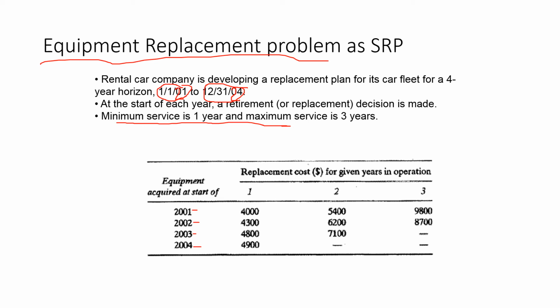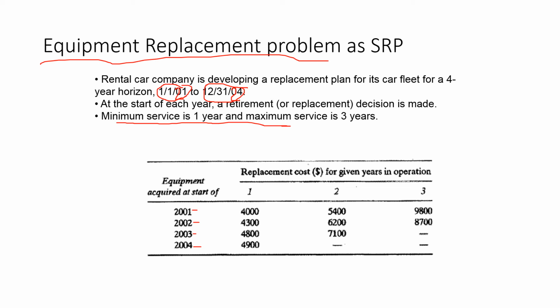So at the beginning of next year, I would decide whether to keep the fleet for an extra year or replace the fleet and get a new one. If I replace the fleet, I will obviously have to pay the difference. I will give them old cars, they give me new cars, but I will pay the difference.